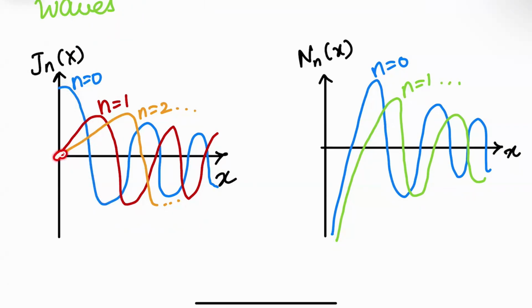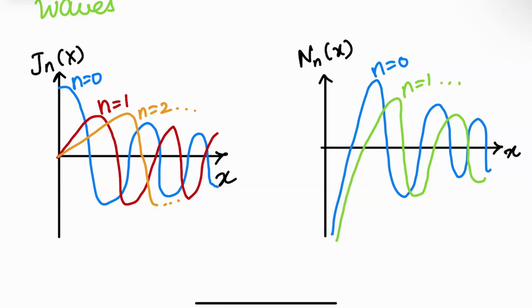They look more like sine, right? Because they go to 0 at x equal to 0. Now for the Bessel function of the second kind, there is a singularity when x equal to 0. Right? When x equal to 0, these two go to infinity. Okay?